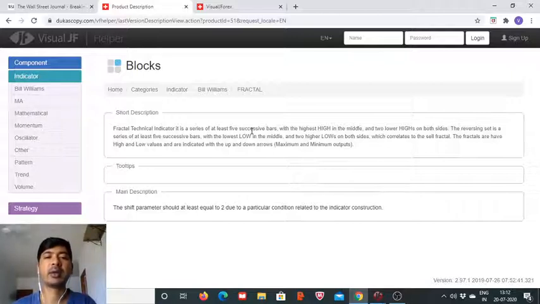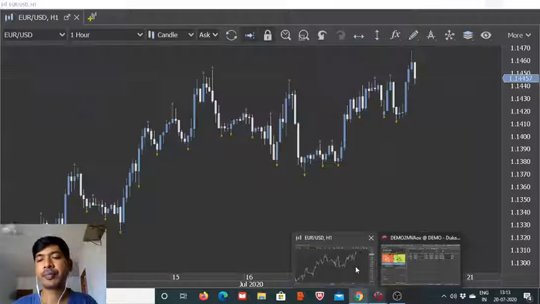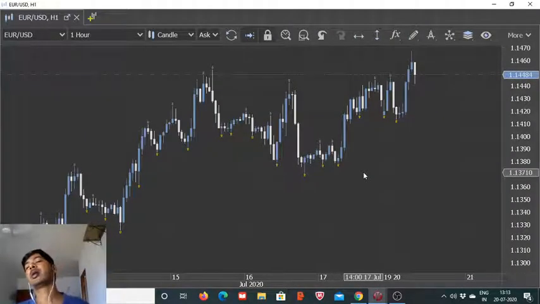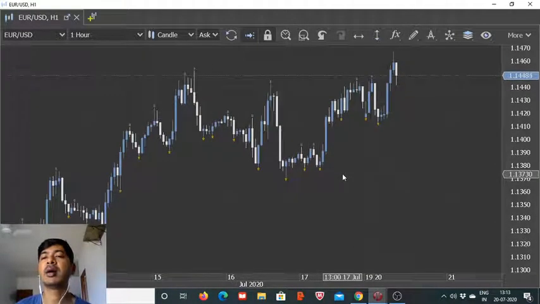Suppose you are considering the high, then the first 2 values, the values prior to the middle value which is having a high, those prior highs should be less than the middle value, and then the next 2 candles should also have lower highs than the middle candle.